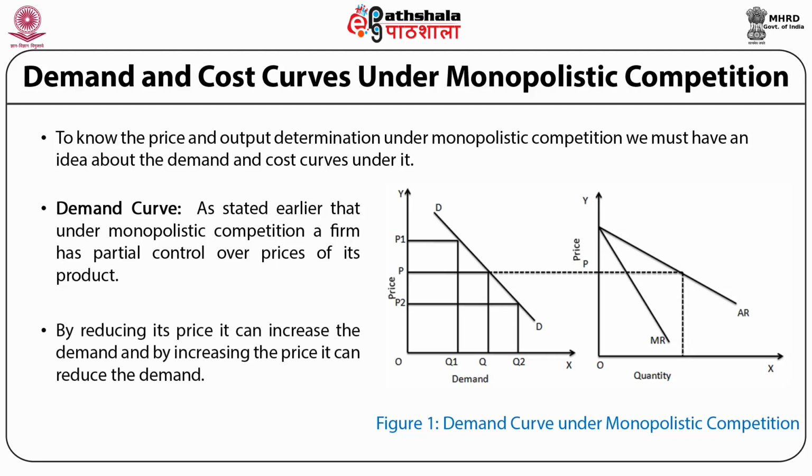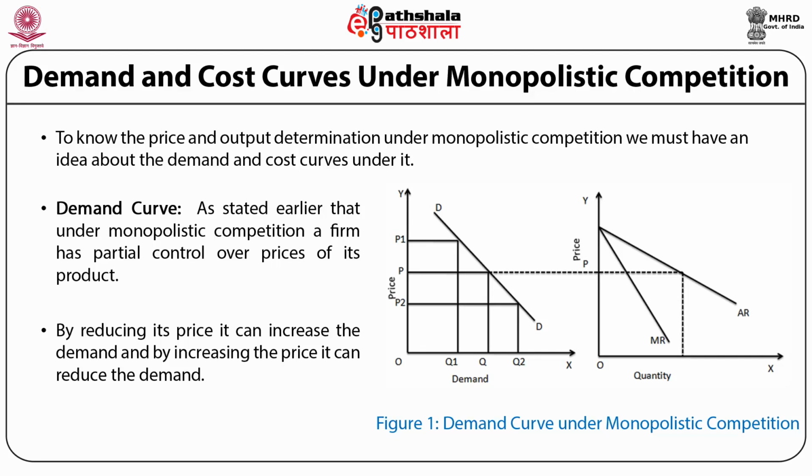By reducing its price, it can increase the demand, and by increasing the price, it can reduce the demand. It is clear that the demand curve is downward sloping under monopolistic competition, as shown in the figure.